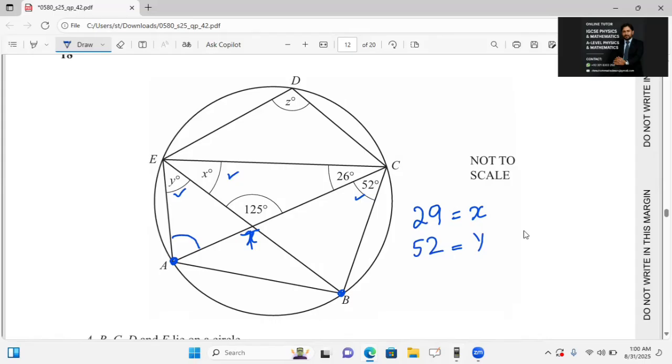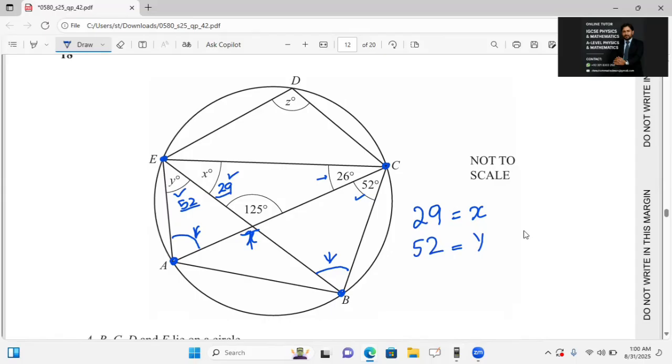This angle will be equal to this angle of the same segment of E and C. But for that, I will need to calculate first that my X is 29, my Y is 52. If I subtract 52, 29, and this 26, then I will get this angle, which I will equate with the same segment angle.